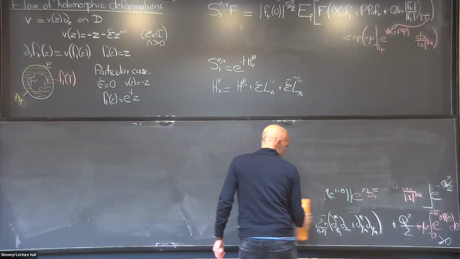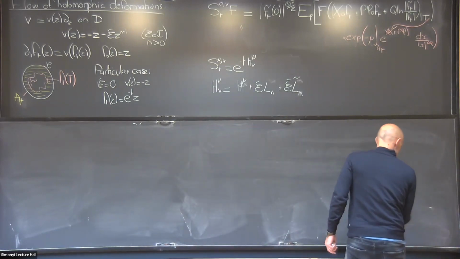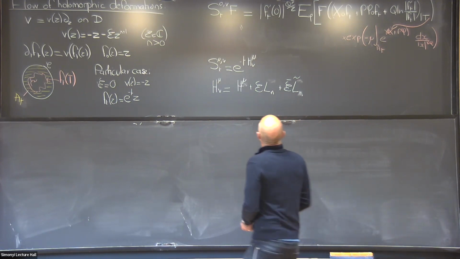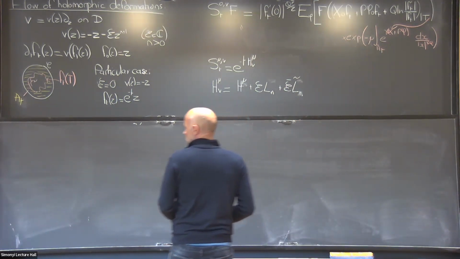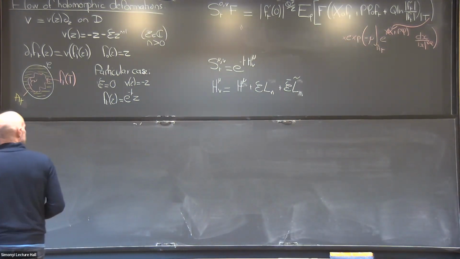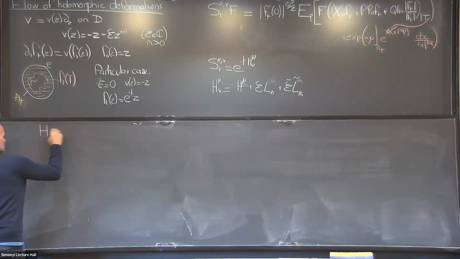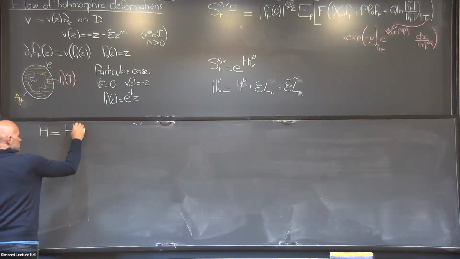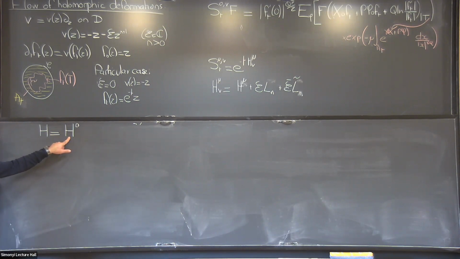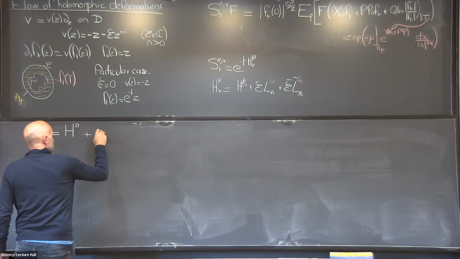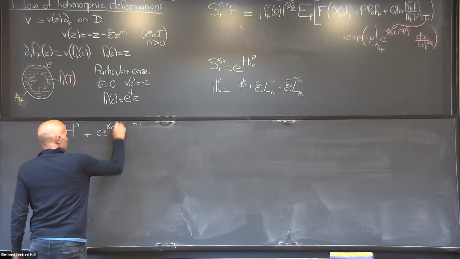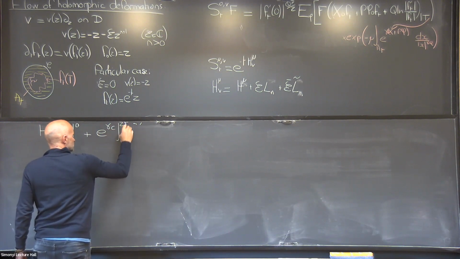So first, you have to define some operators. If you remember, the shape of the potential H was H0, the free field Hamiltonian, plus exponential gamma c.